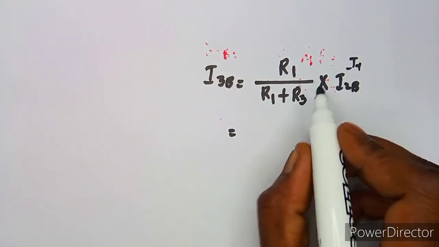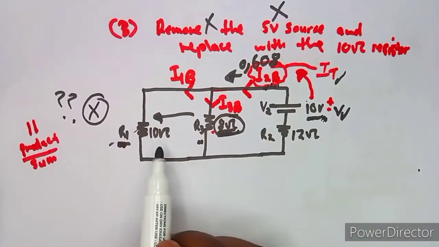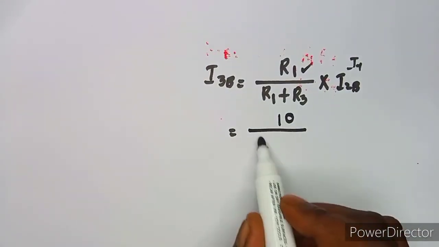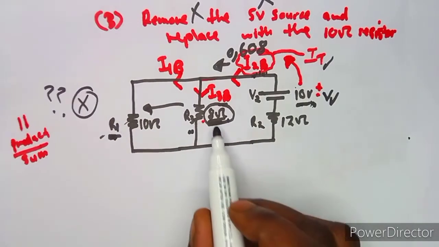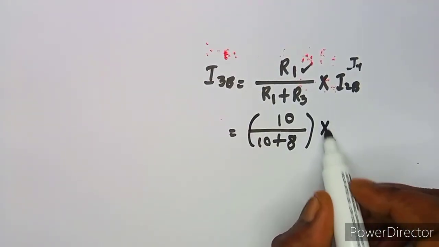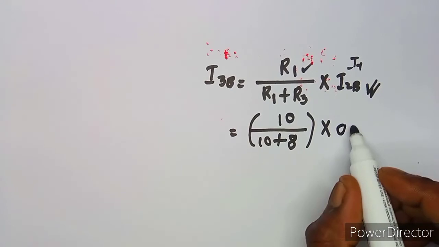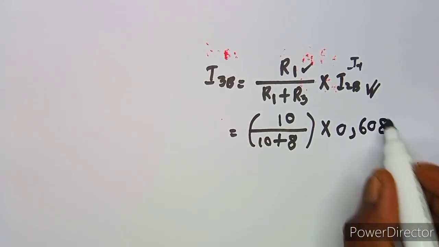All right. So we have to substitute here our R1, which is 10 over the total, which is 10 plus 8. Okay, this is R3, which is 8. Then this has to multiply the total current, which is the one that we have, 0.608, like this.